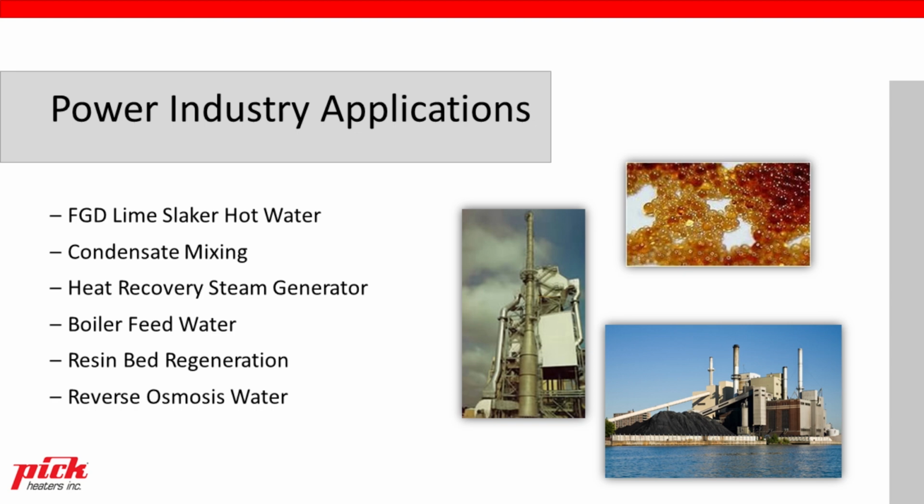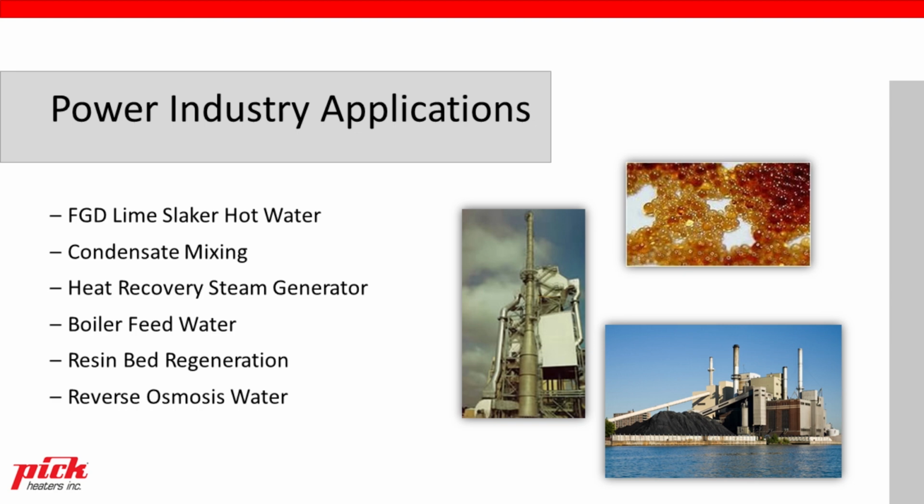You might have various pressures and temperatures of condensate that come back from other sources in the plant. Oftentimes, plants like to just mix those in a tee or a common place, but due to flashing that may happen, you can have a lot of hammer and vibration. We can solve that by putting in one of our PIC heaters in place of that mixing tee.